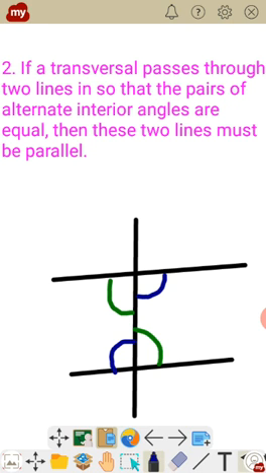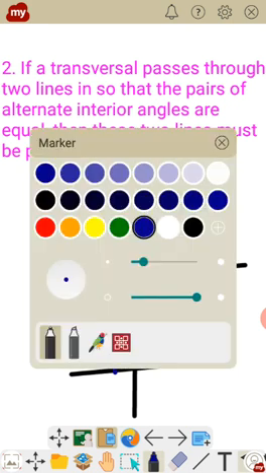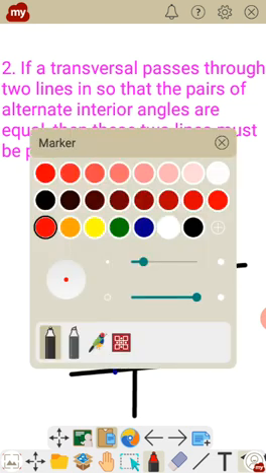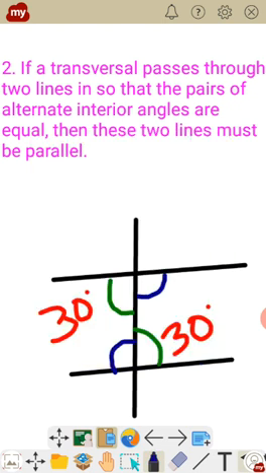Equal means what? They should have equal measurement. If it is 30, the other alternate interior angle should be 30. In the same way, if it is 50, the pair of alternate interior angles should be 50. As all the alternate interior angle pairs have the same measurement, means they are equal, that's why they are said to be parallel lines.